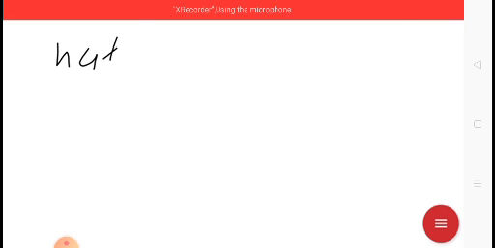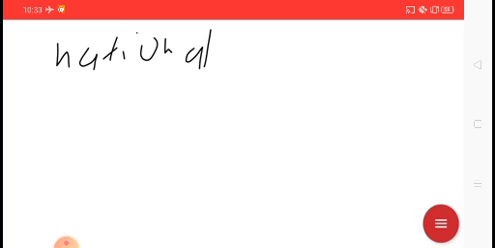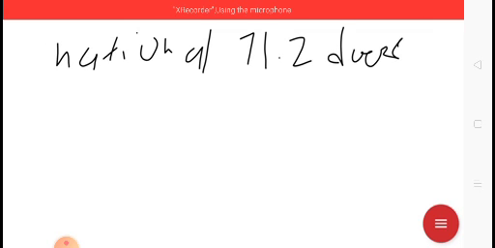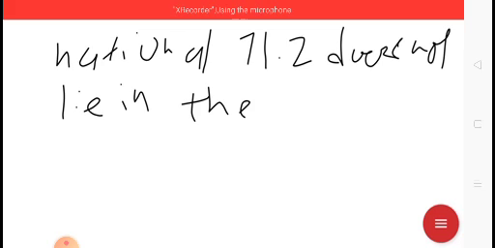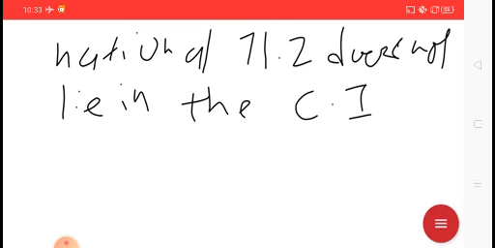You can say the national lifespan 71.2 does not lie in the confidence interval. In the exam, you should write confidence interval in full.